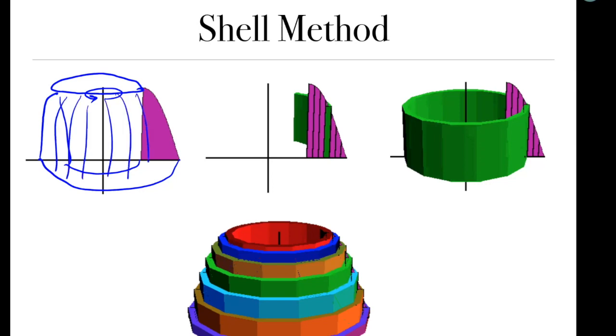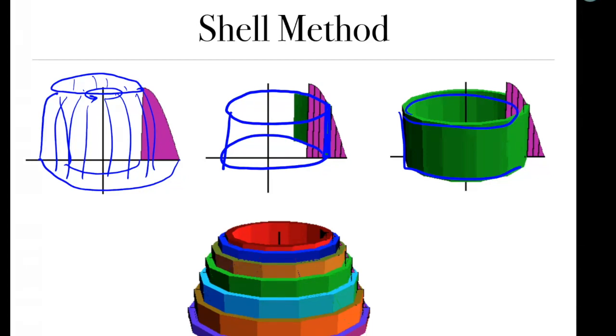If I revolved this around the y-axis, you can get a sense of this 3D revolution of an object. But notice that if I'm breaking this up into my lovely little rectangle, and I rotate that whole rectangle around, what I'm creating is this shell thing.